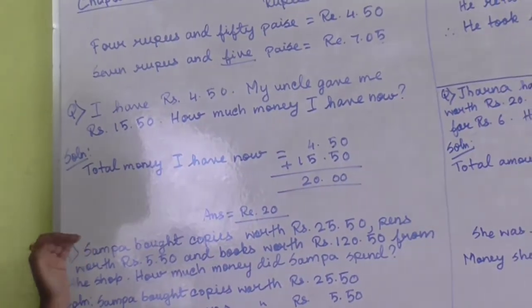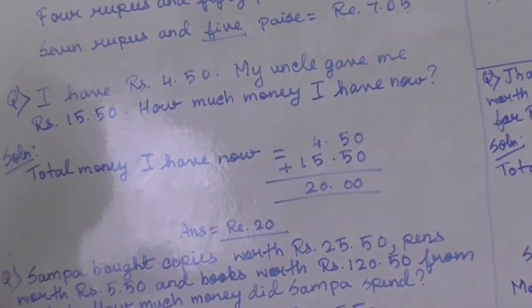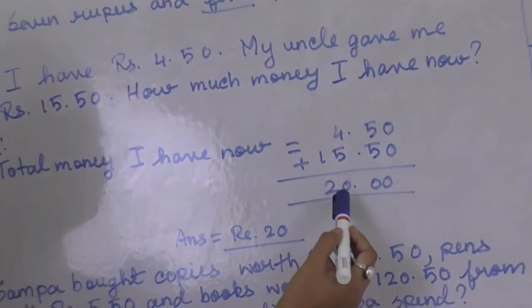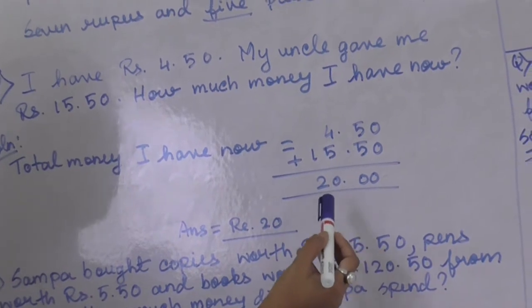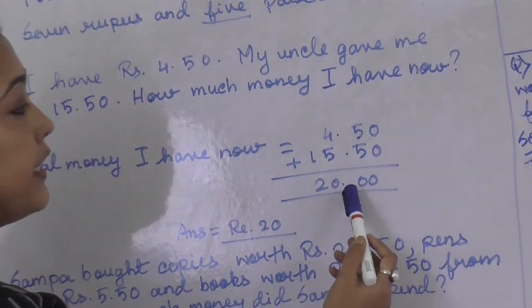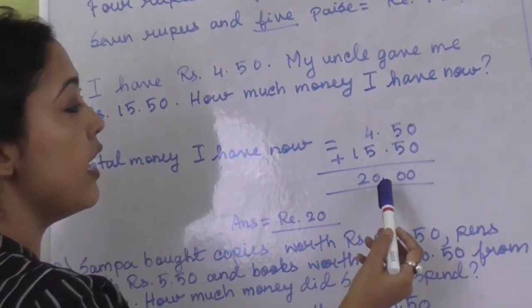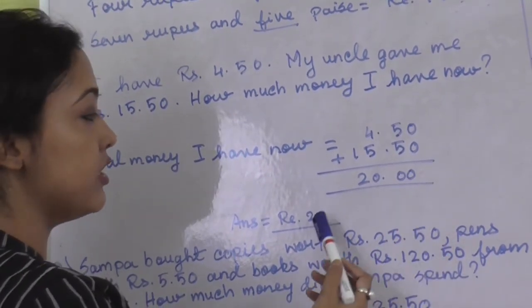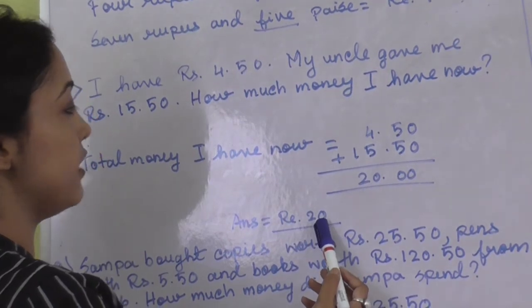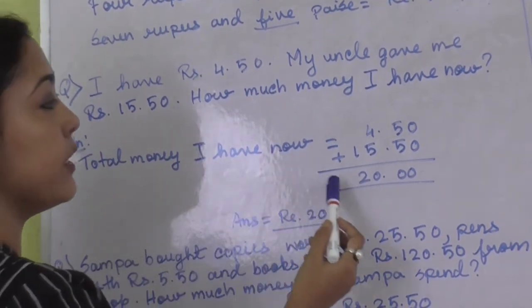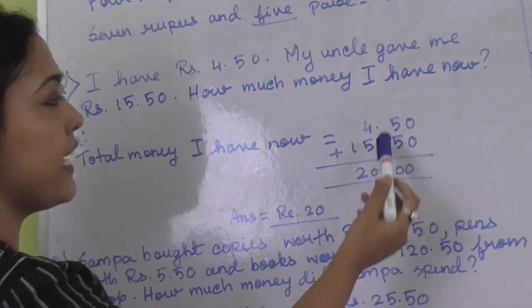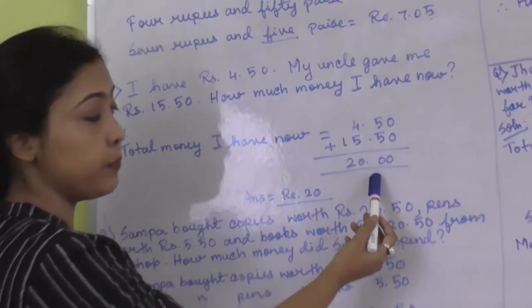Simply I have to add these two amounts of money. By adding these two amounts I am getting rupees 20.00. So 00 is the paisa and 20 is the rupee. I will not take this 00 part, I will simply take rupees 20. So the total money I have now is rupees 20.